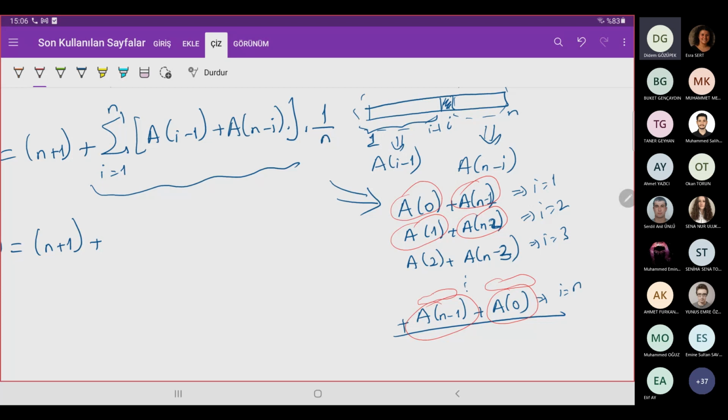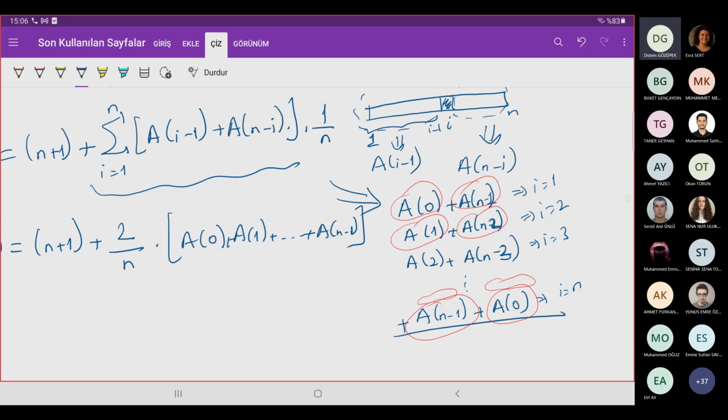So I have two of these, and in each of them I have 1 over n, so this becomes 2 over n times (A_0 plus A_1 plus ... plus A_{n-1}). Because I have 2A_0, 2A_1, up to 2A_{n-1}, times 1 over n in each, I can take it out as 2 over n.